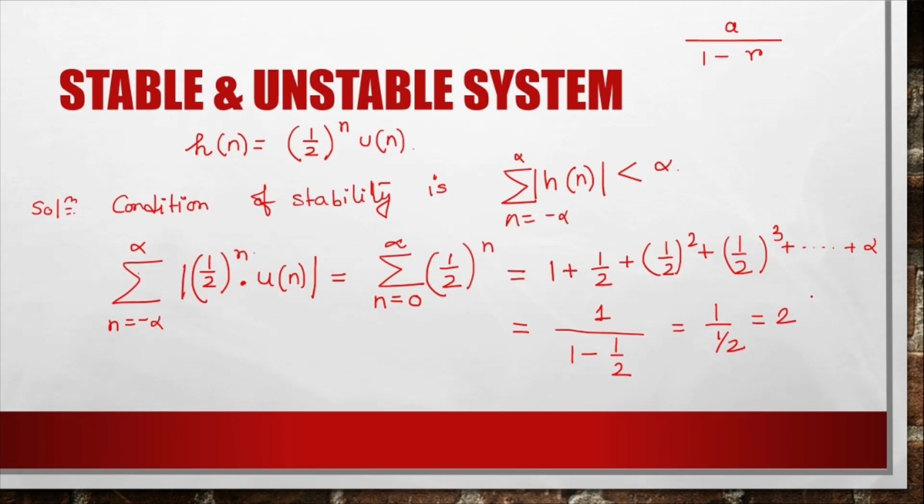So, 2 is less than infinity. That means the system will be stable.